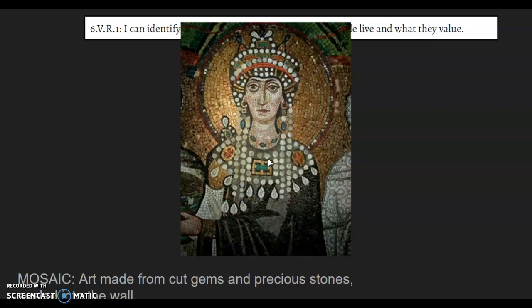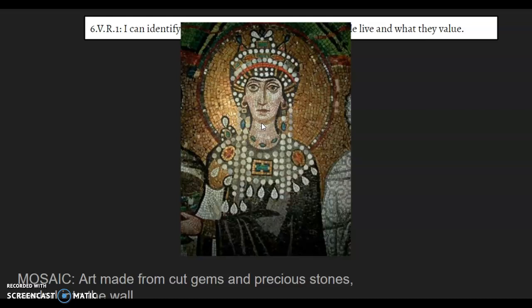So the art is not painted, but instead pieced together piece by piece. This woman is a very good example of a mosaic. You can see the halo behind her is little pieces of gold. Her face is little pieces of ivory and other alabaster stones that are white and lovely. She has little black and green gems making up her clothes. You can tell that they're all cut.